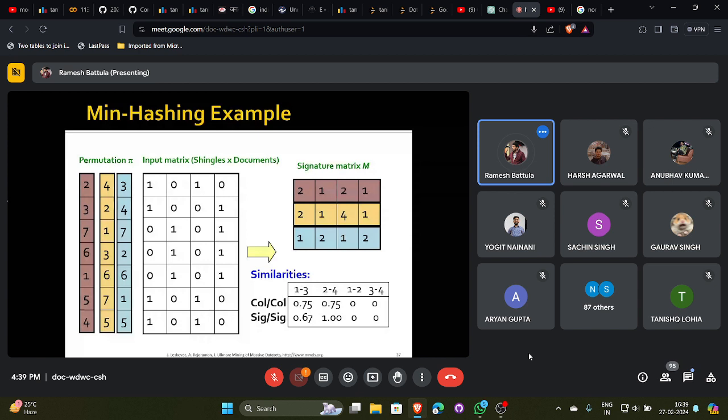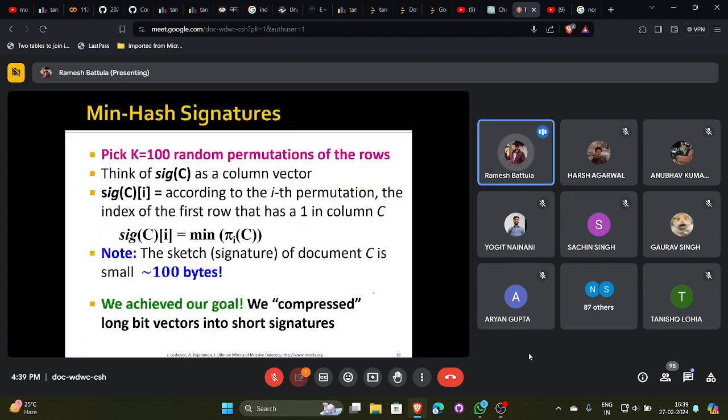Then you will find that column by column similarity is 0.7 and signature by signature similarity is 0.67. In the same way, you need to find the similarities for the other pairs and you will find the values.